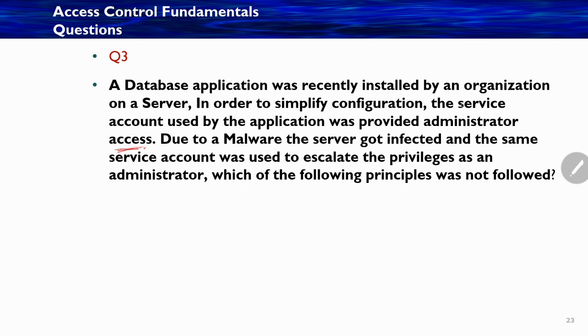So the service account has administrative privileges. Due to a malware, the server got infected, and the same service account was used to escalate the privileges. So there is a privilege escalation in this scenario.